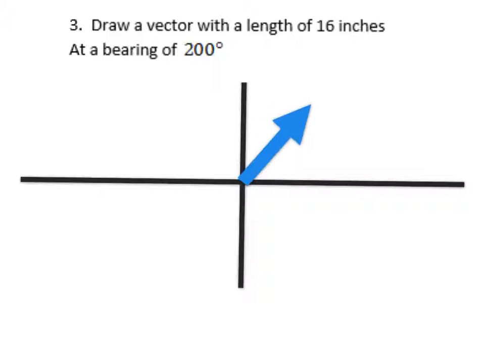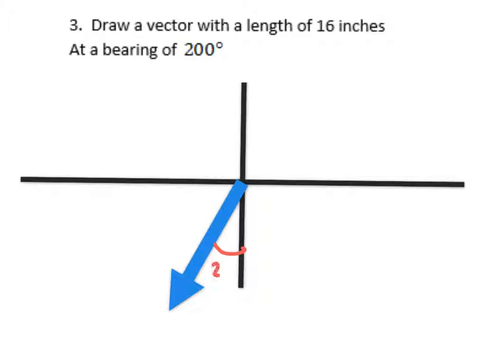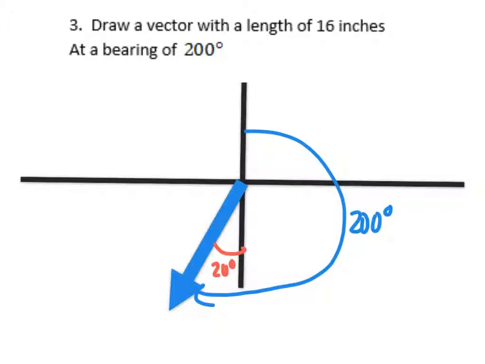So if I keep going, this is 90 degrees, 180. If I'm at 180 down here, I need to go another 20, so this angle in here should be 20 degrees. This whole thing right here should be my 200 degrees bearing. And then of course, my magnitude is 16 inches.